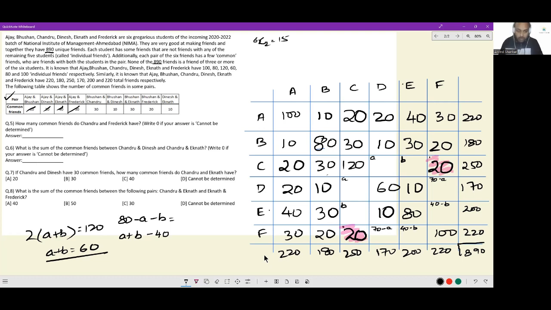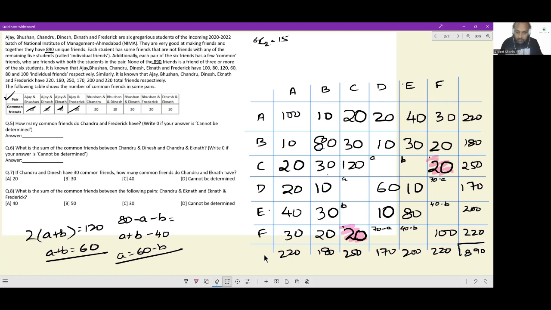Additionally, even at spots where you have A and B, because I now know A is equal to 60 minus B, or B is equal to 60 minus A, I can go ahead and get rid of all the additional variables.